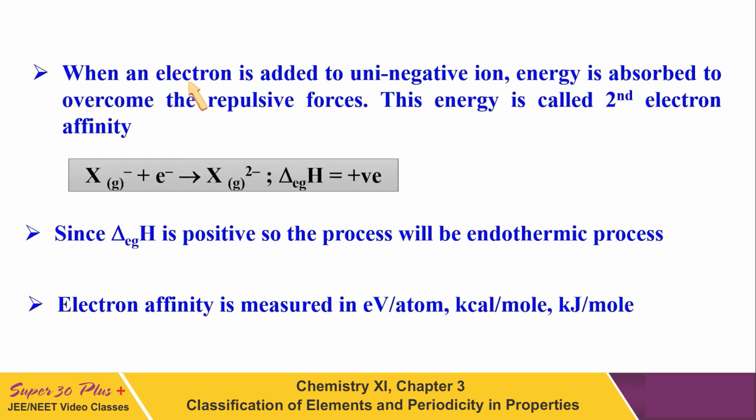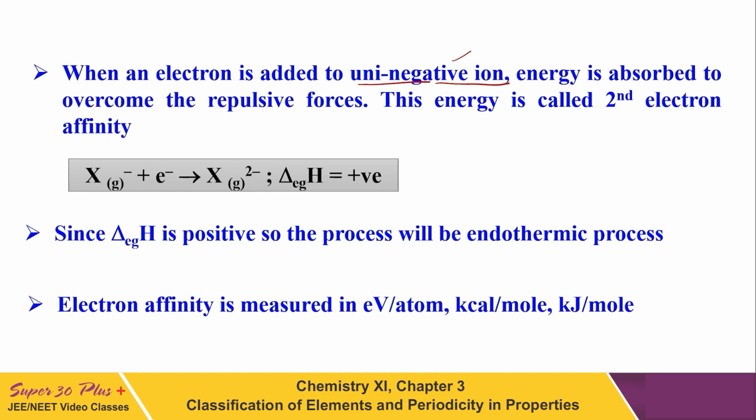So when an electron is added to a uninegative ion, what happens? See, suppose you added one electron to the neutral gaseous atom. There is a formation of a uninegative ion, right? Now you further want to add one more electron to this uninegative ion. What will happen?